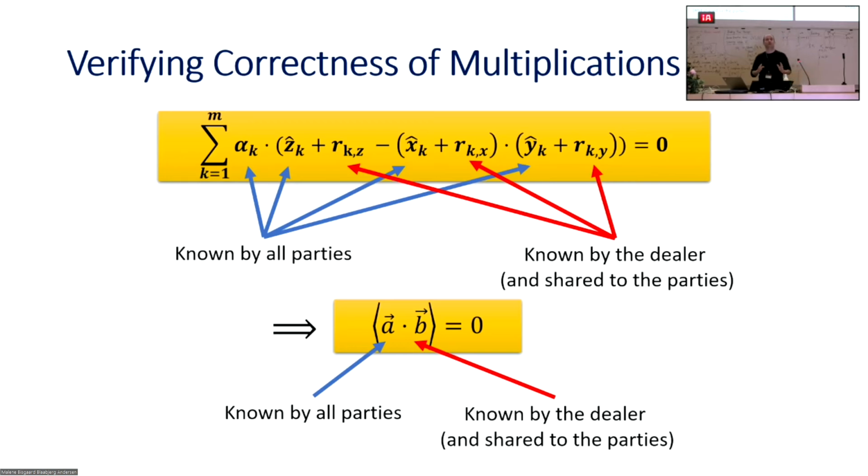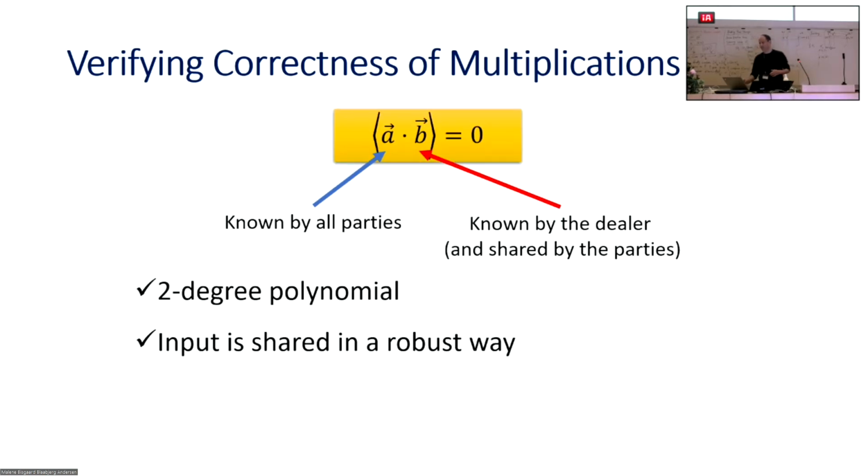So the entire verification boils down to verifying that this equation holds. First of all, this is indeed a degree 2 polynomial, which is good for us. And also the input is shared in a robust way, with the same robustness that we defined before, meaning that each value is known by either an honest party or by the dealer.